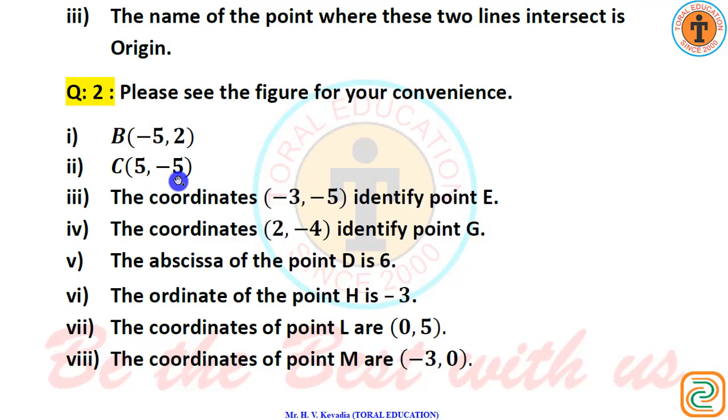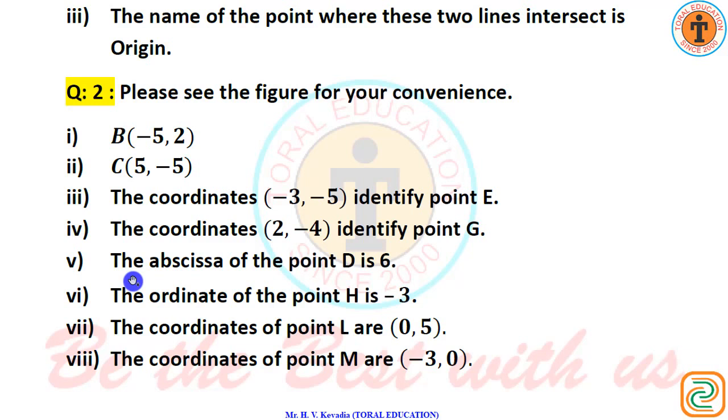Coordinates of C. The point identified by the coordinates -3, -5 is point E. Next question, the point identified by the coordinates 2 and -4 is point G. Right? The abscissa, I told you abscissa means x coordinate.